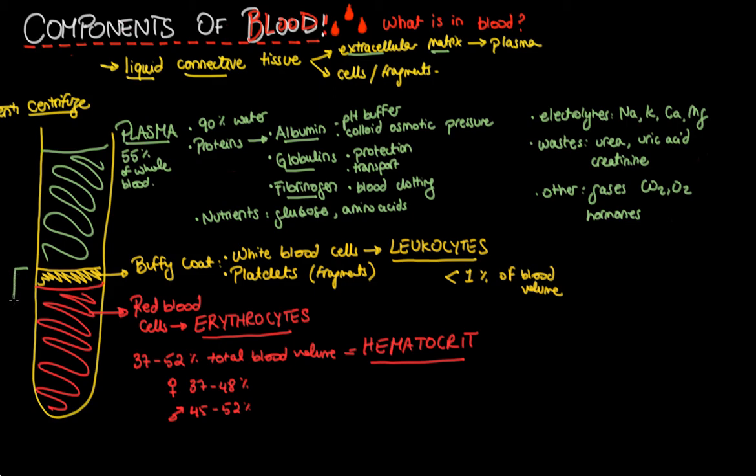Lastly, erythrocytes, leukocytes, and platelets are what we call the formed elements. All right, so formed elements. And what this means is that these components are visible under the microscope.